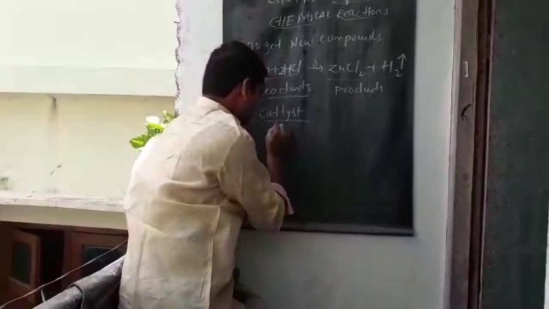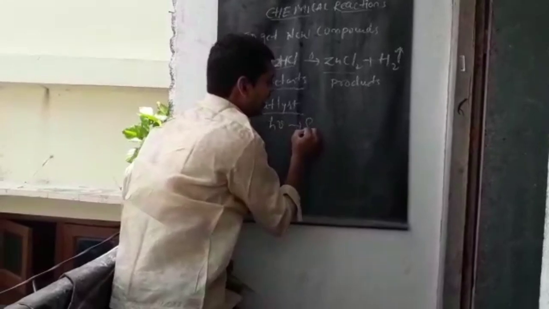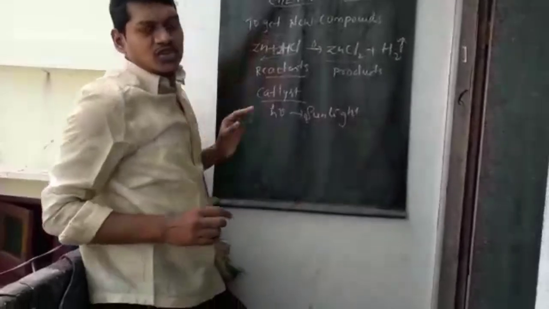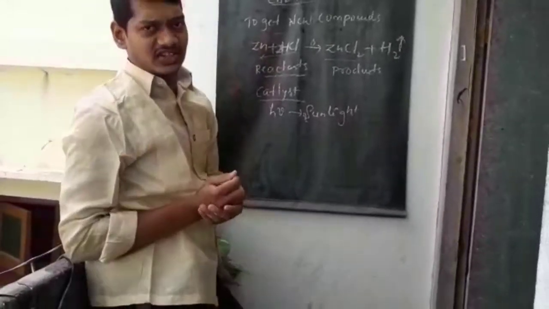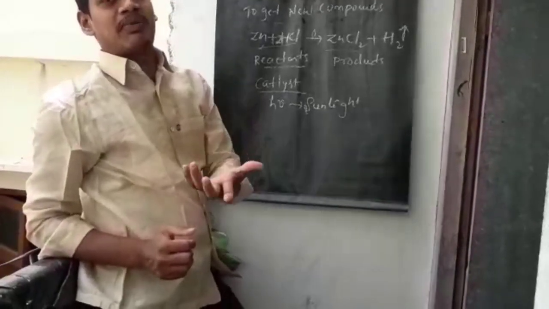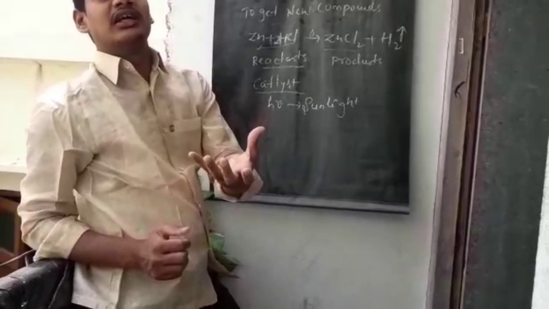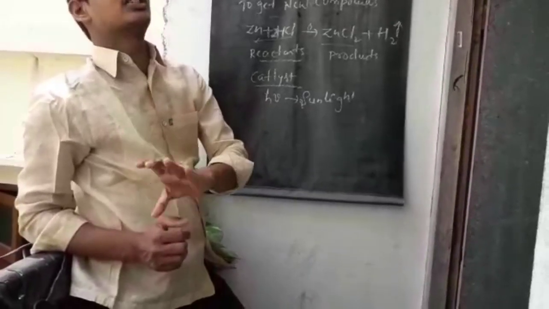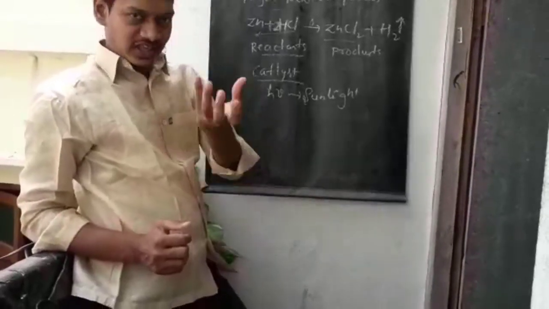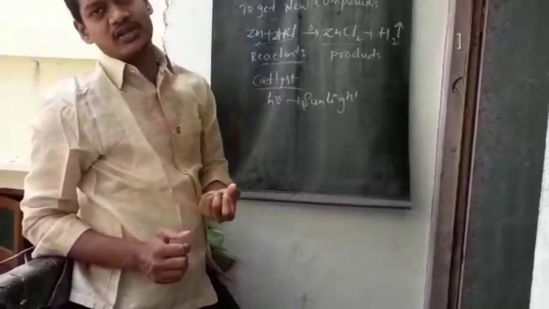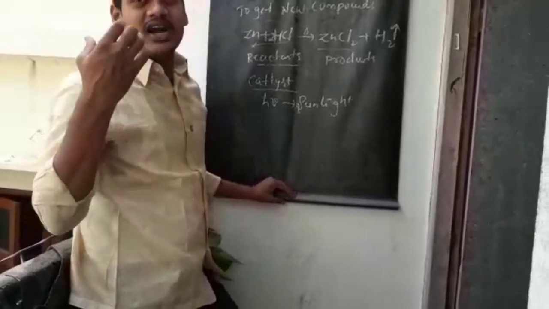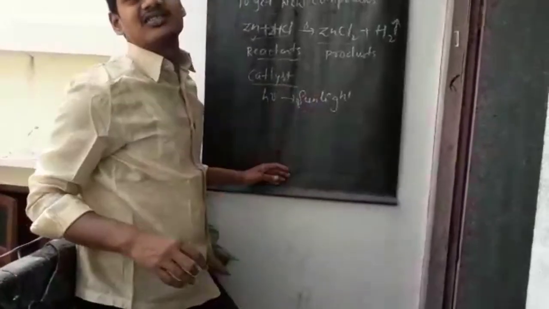Here I am writing h nu. It stands for sunlight. For example, in the photosynthesis reaction, plants produce their own food by themselves, without depending on others. They require sunlight, so h nu is sunlight.